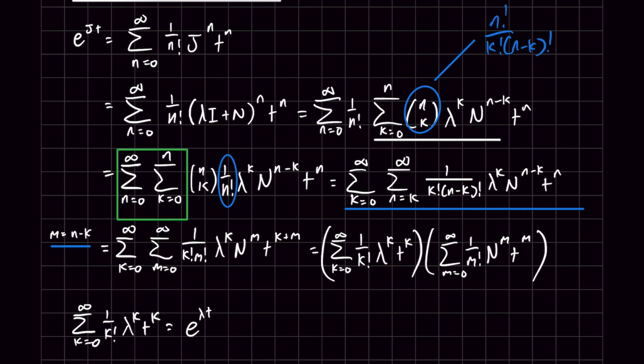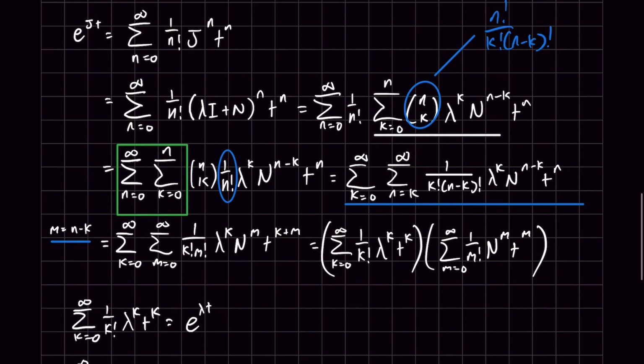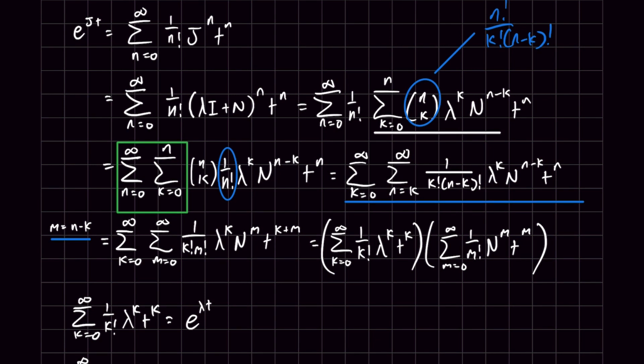And what's k? Well, k is going to be n minus m, so n minus m is going to be 0 to infinity. And over here, the rest of these numbers, n minus k is going to be m, and t to the n equals t to the k plus m.